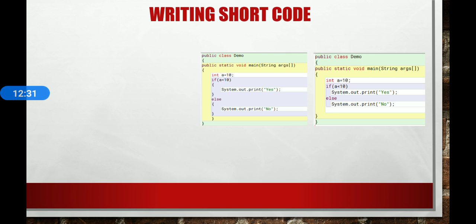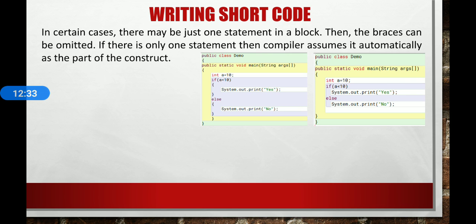Now let's see writing short codes. We have seen that in if else, while, do while, and for constructs, blocks are marked by curly brackets. It is useful for grouping the statements together which are meant for that block. In certain cases, there may be just one statement in a block.